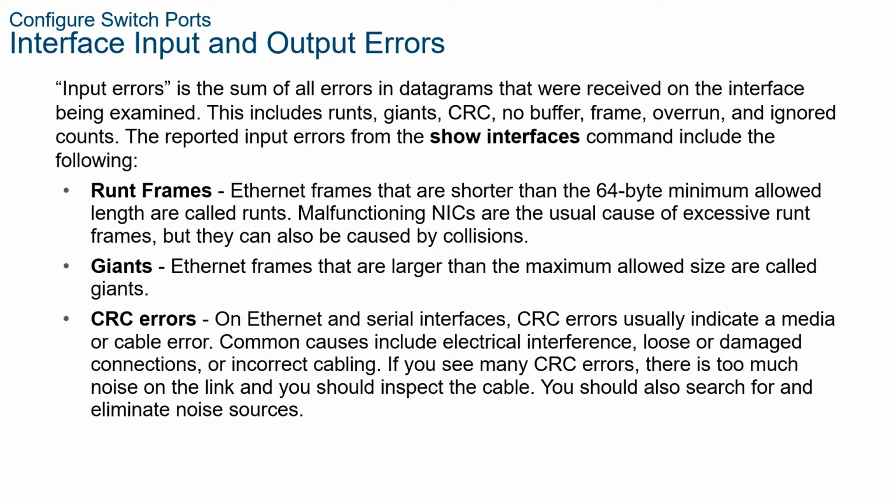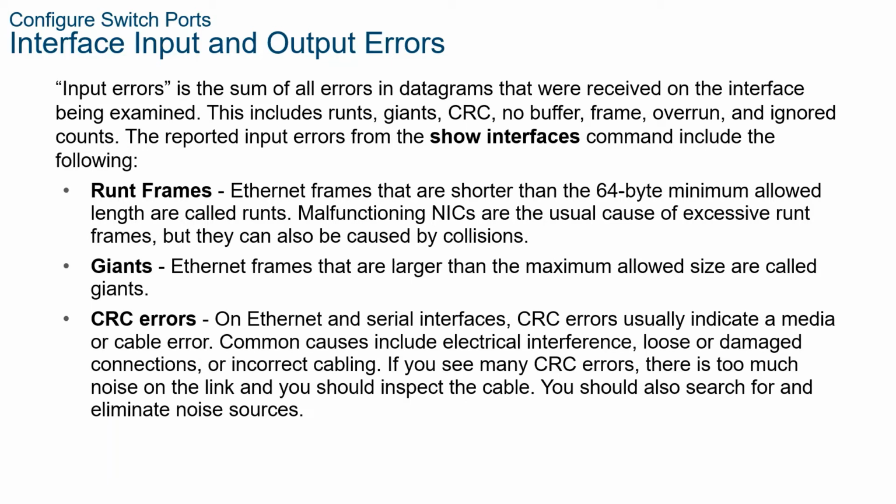Let's talk about the interface input and output errors. Input errors is the sum of all the errors in datagrams that were received on the interface being examined. We briefly mentioned this in the previous slide. This includes runts, giants, CRC, no buffer, frame, overrun, and ignored counts.